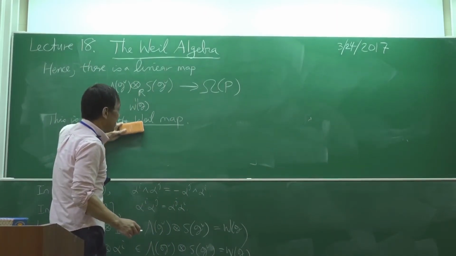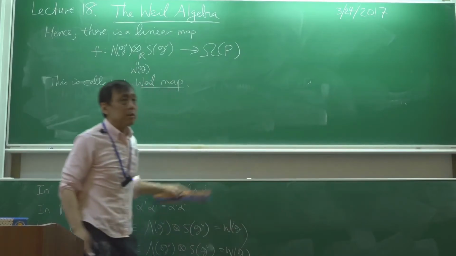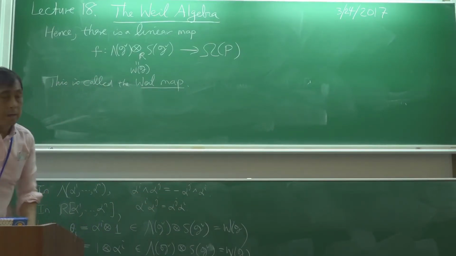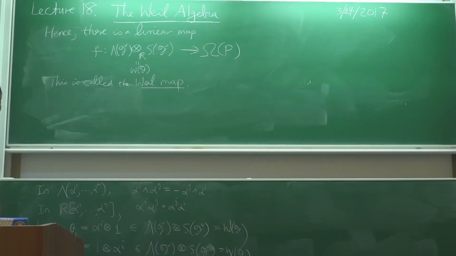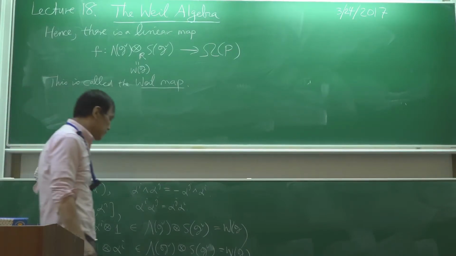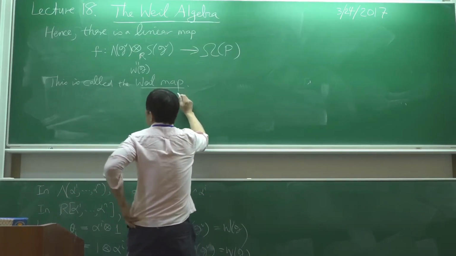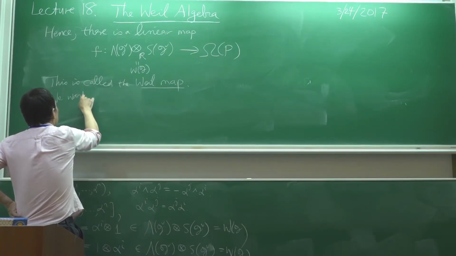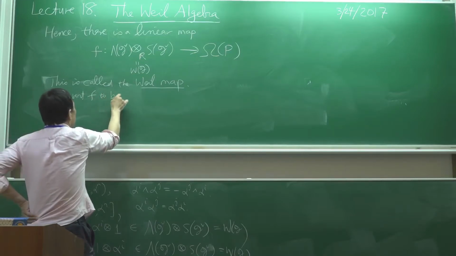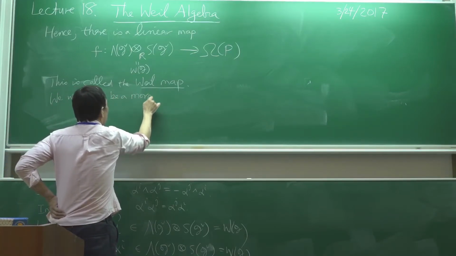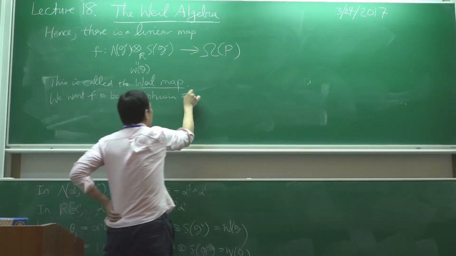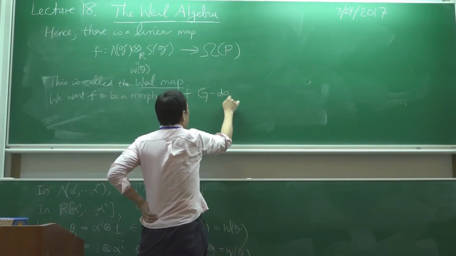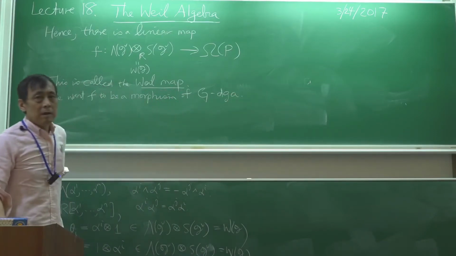And this map, we want this map. Now, so far, this map is an algebra homomorphism, but we want it to be a morphism of G differential graded algebras.